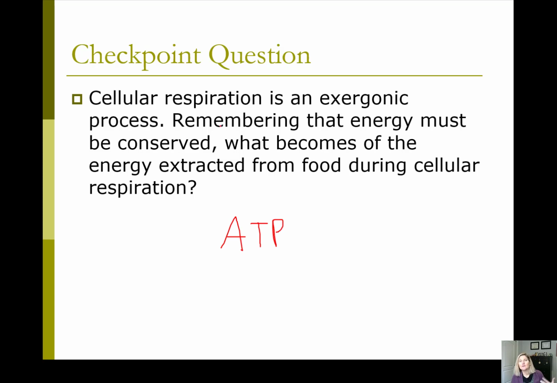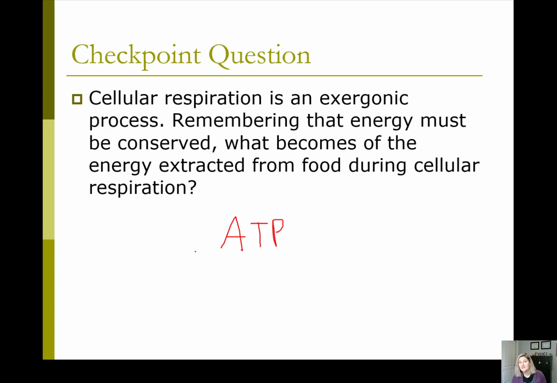So that falls under that first law of thermodynamics, conservation of energy. So we're converting one form of energy to another, right? We're taking chemical energy from the food, and we're creating ATP from it, which is a form of potential energy that our cells can use.